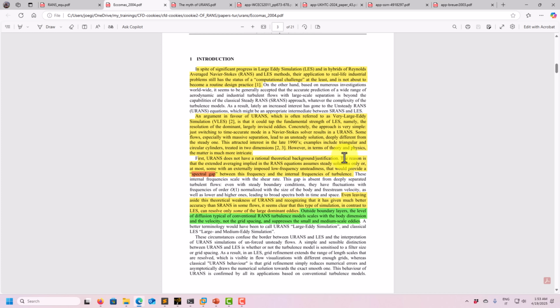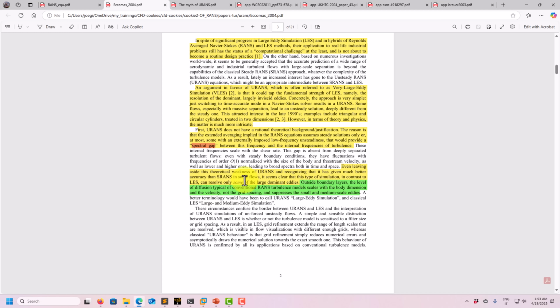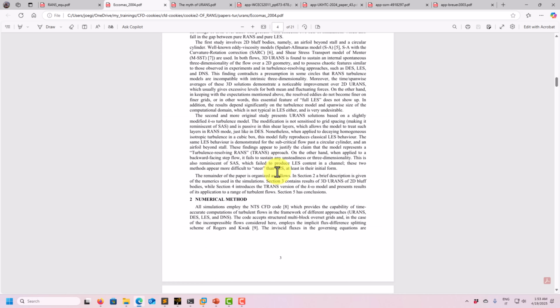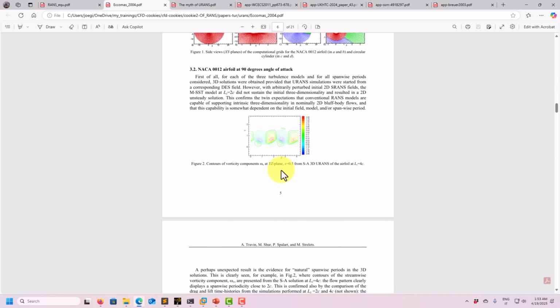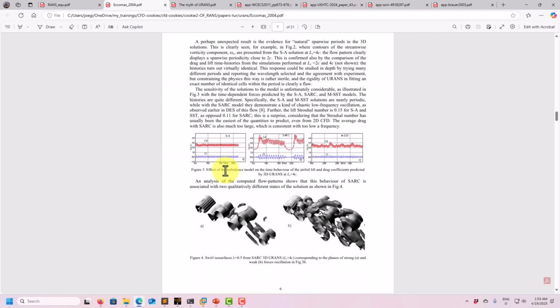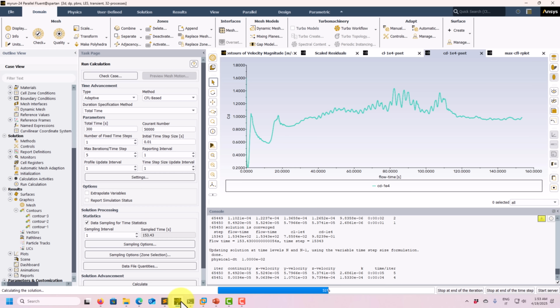There is no formal justification why you should have LES-like behavior or good behavior, because they are not resolving that. So this is interesting to read, what I was mentioning, frequencies. Just look at what you have here. Here is a RANS, then you move to something scale-resolving or still URANS, and by coincidence, right now I'm running a simulation.